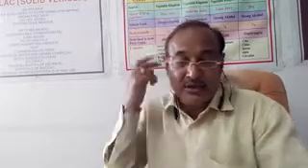Next, if we see the circulatory organs, it is a very important medicine for the circulatory organs, especially the heart, varicose veins, arteries, veins, and anywhere. It acts on the blood.